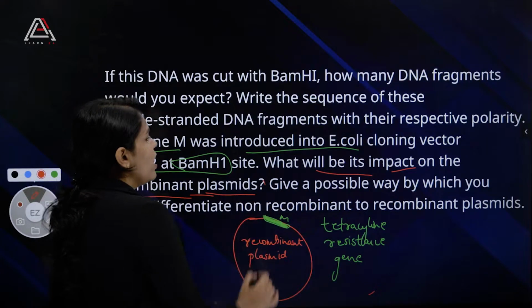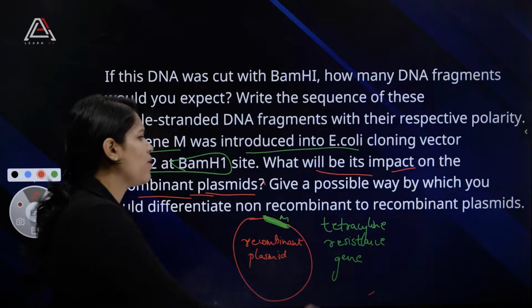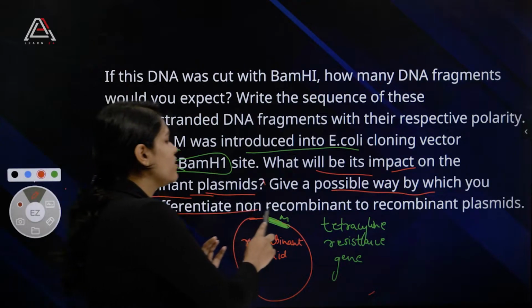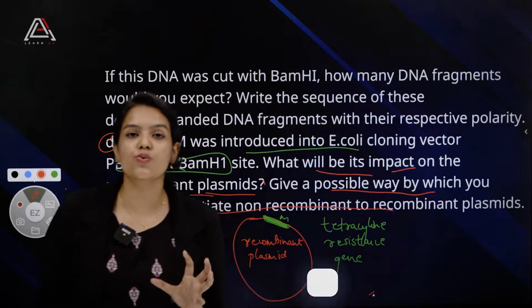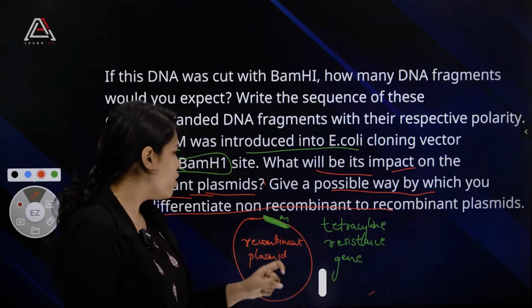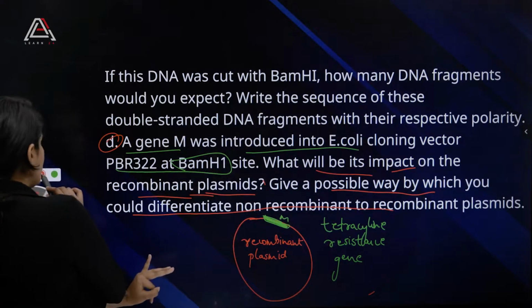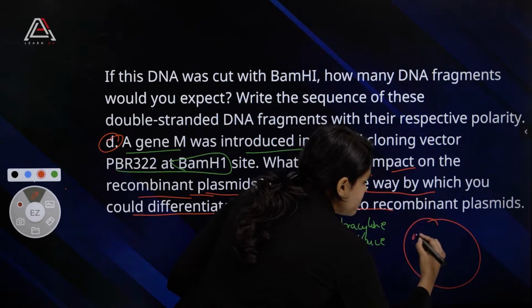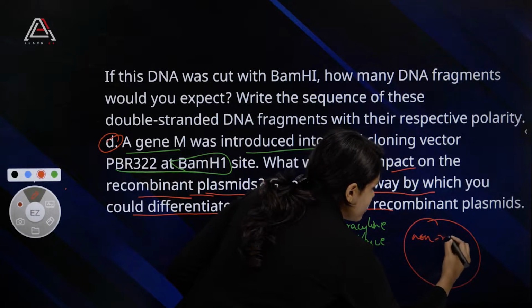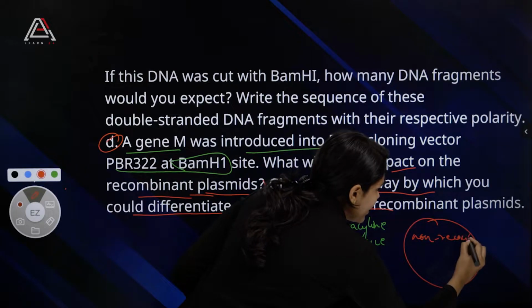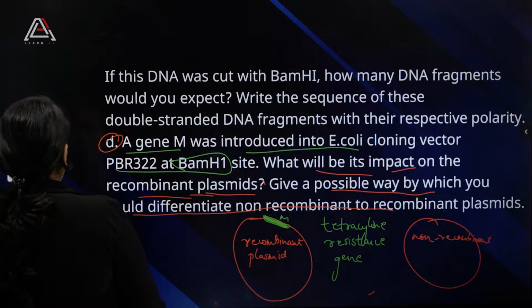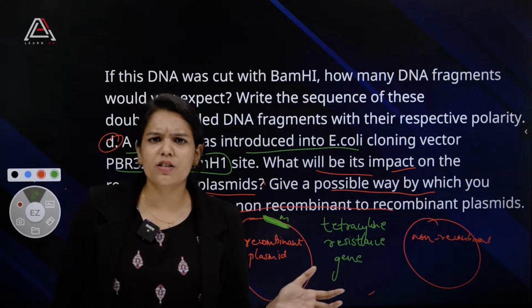Perfect, you just have to write about the inactivation of the tetracycline and you will be sorted for the first part. Now the second part is talking about giving a possible way by which you could differentiate a non-recombinant from a recombinant plasmid. We have talked about the recombinant plasmid, so let's draw the non-recombinant plasmid. In a non-recombinant plasmid, no gene of interest has been introduced.